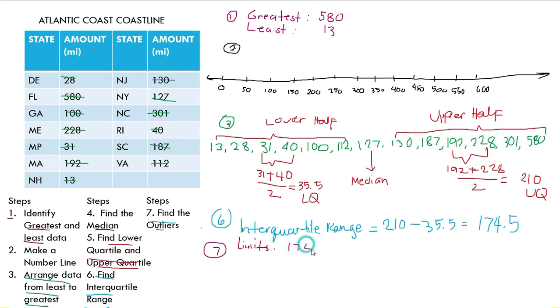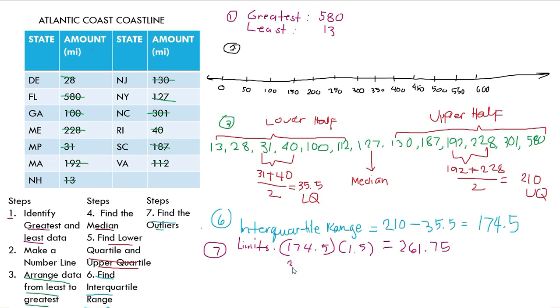So the limits would be: multiply your interquartile range, which is 174.5, times 1.5, which is the constant value. 174.5 times 1.5 gives us the product of 261.75.